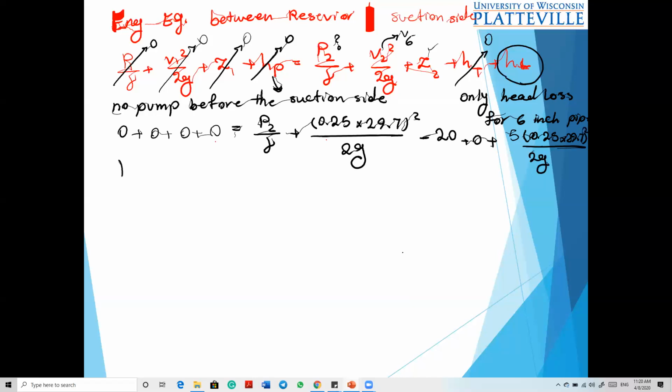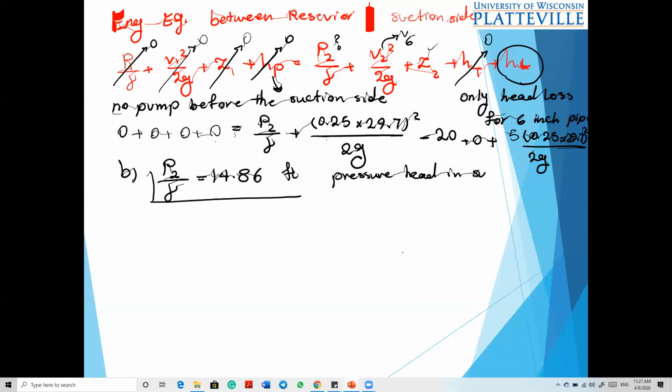From solving this, we can find the pressure head, which is 14.86. What is the unit? It's feet. So this is the pressure head in the suction side of the pump.